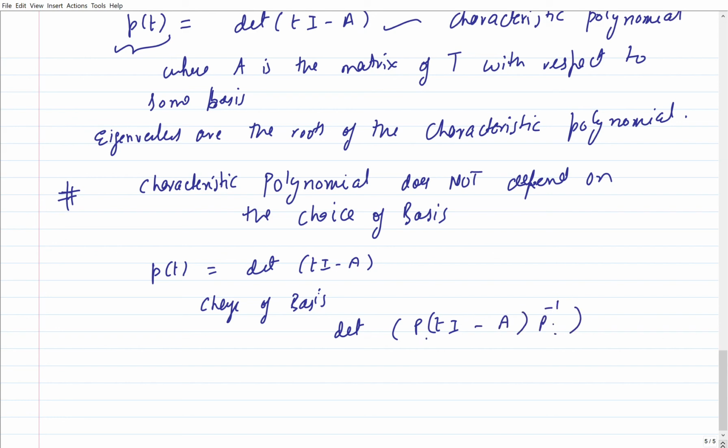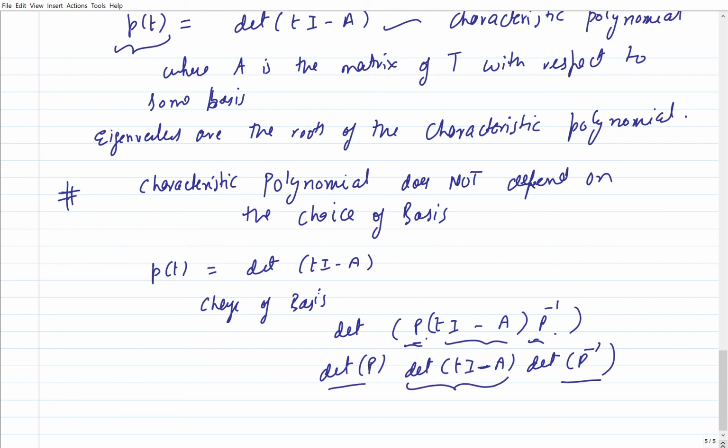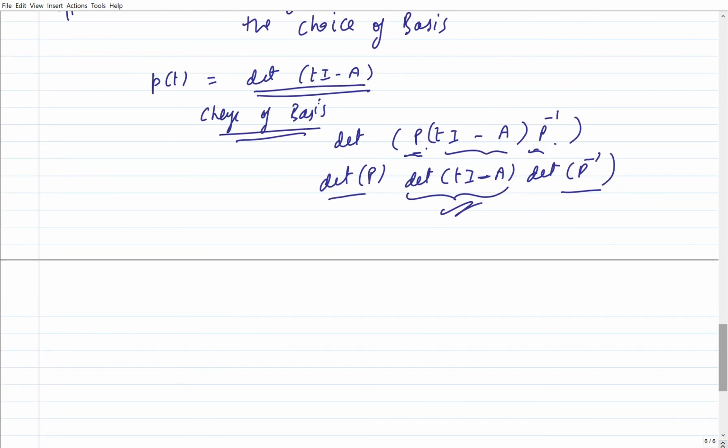You see, P inverse gives me the change of basis, and with the property of determinant of three matrices, this is determinant of P, determinant of tI minus A, and determinant of P inverse. Well, these guys go to 1, so I have the same thing. I have this guy. So change of basis doesn't lead to a change in the characteristic polynomial.